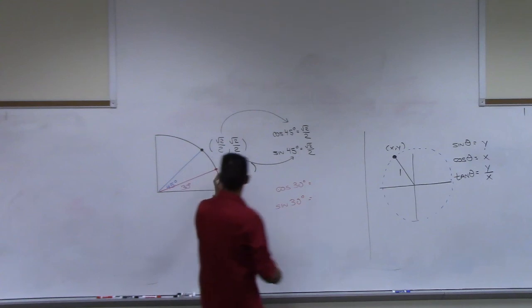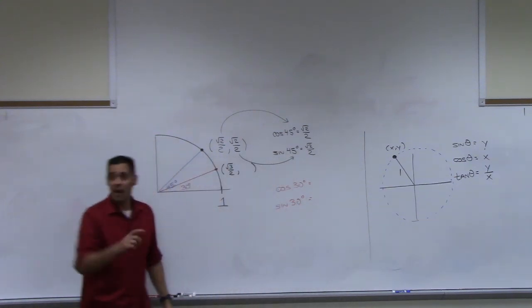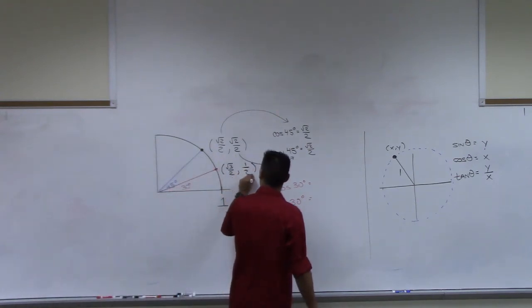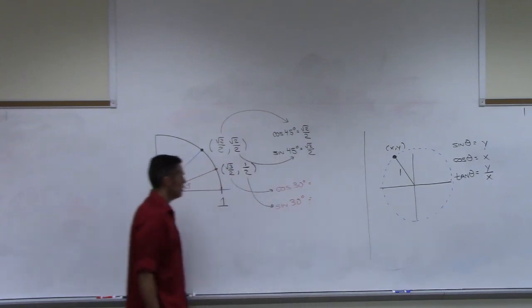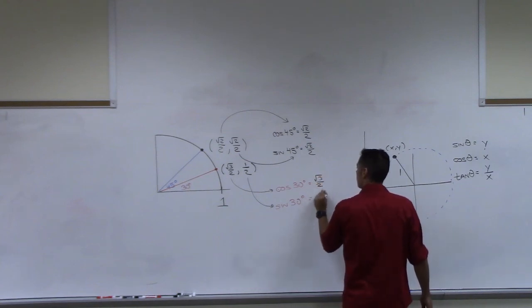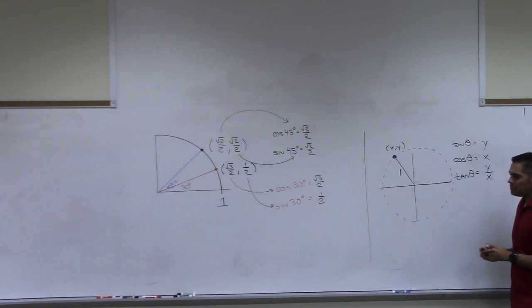Root 3 over 2. And that means that the other value has to be what? 1/2. So that comes from the cosine, and that comes from the sine. We never put these here. Root 3 over 2 and 1/2. And then we have 60 degrees.